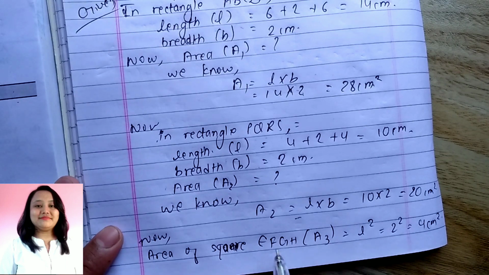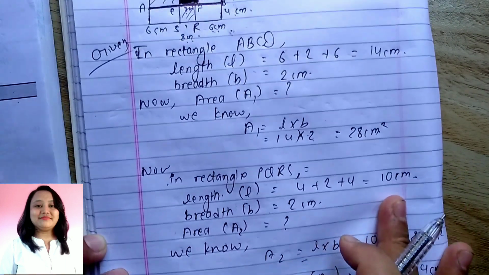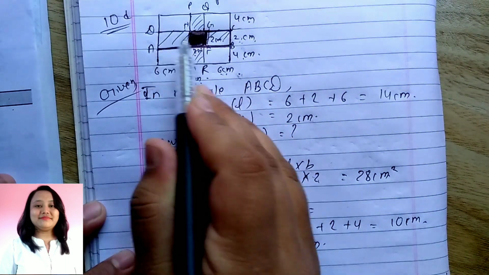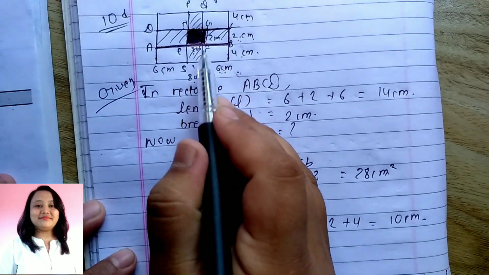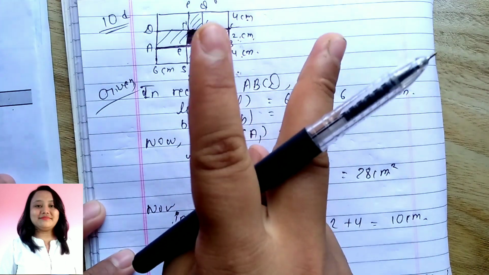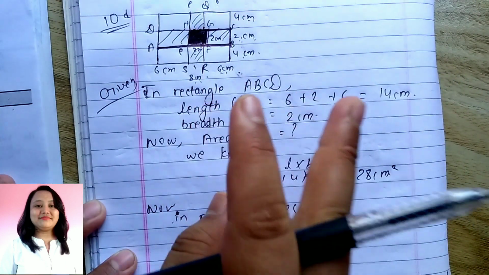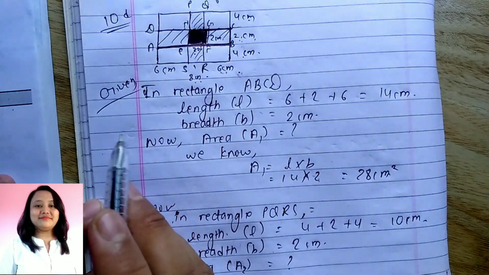Why do we have to find out the area of square EFGH? Because while finding out the area of ABCD, we calculated this portion. While finding out the area of PQRS also, we calculated this portion. So we calculated it 2 times. The same portion is calculated 2 times, but it should not be calculated. So we will be doing the subtraction 1 time.